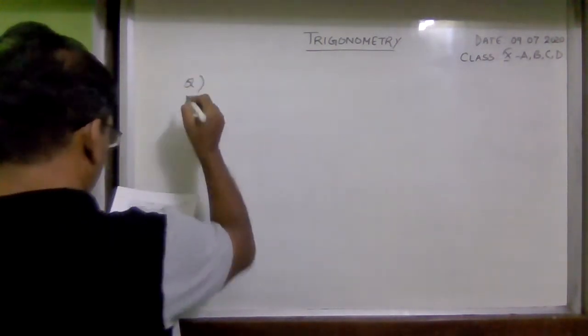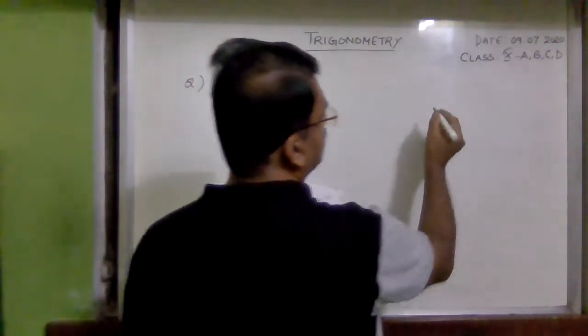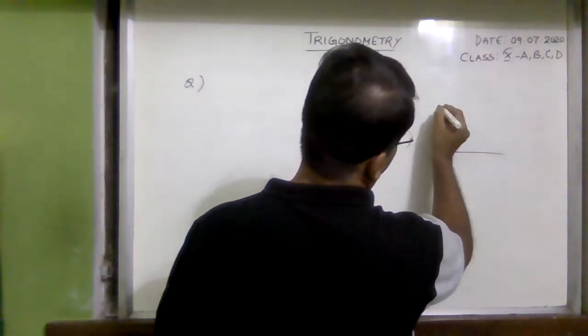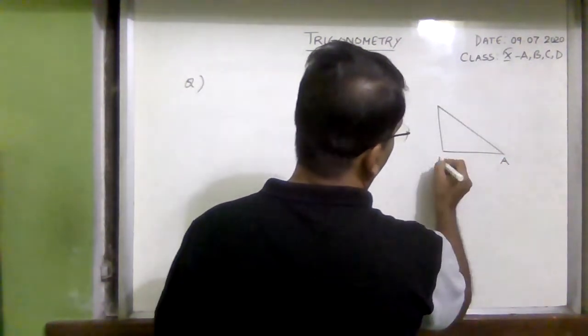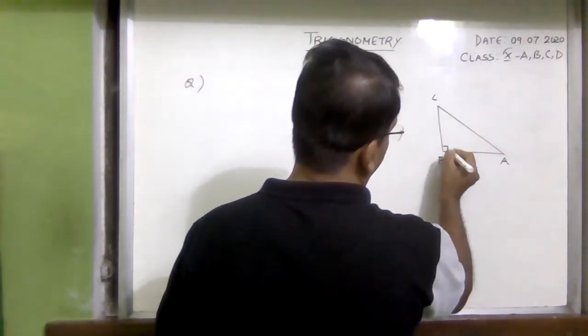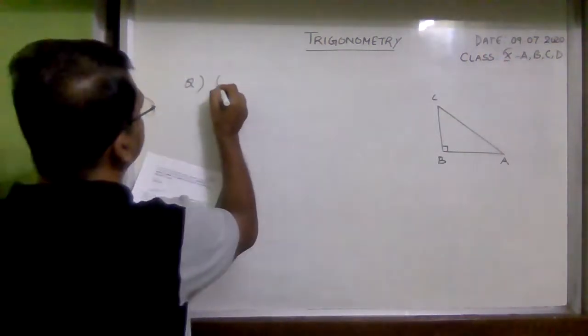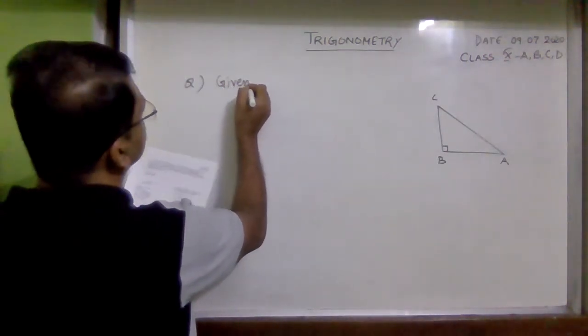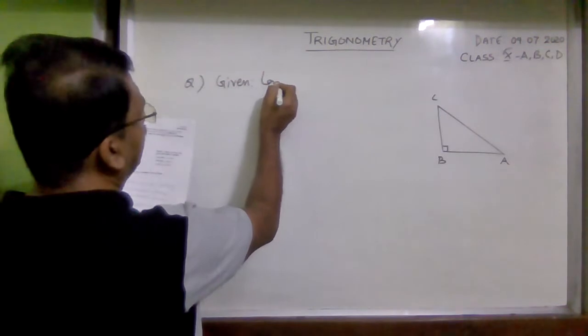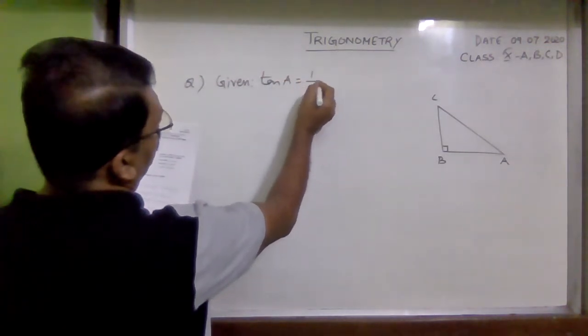In the next question, there is a triangle ABC in which angle B is 90 degrees and it is given that tan A is equal to 1 upon root 3.